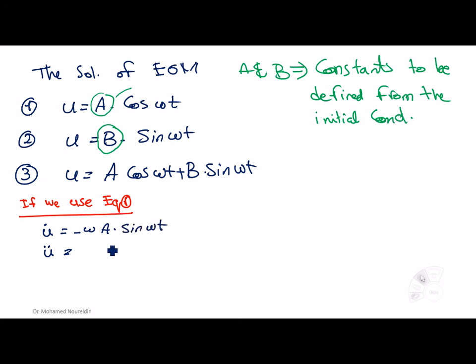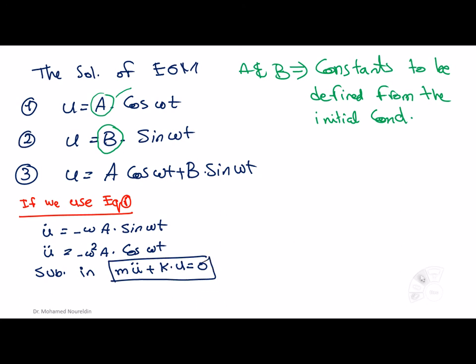This is the first derivative. And the second derivative is going to be minus omega squared a cosine omega t. In this case we are going to substitute in the main equation of motion, which is m u double dot plus k u equal to 0.